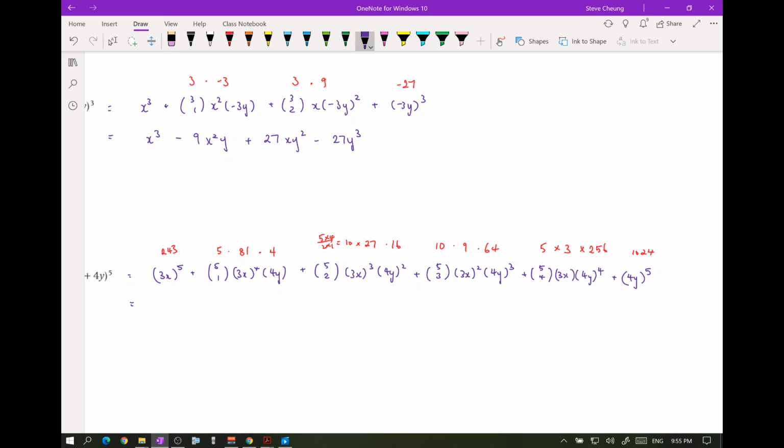So combining the coefficients, we have 243 x to the power of 5 plus 5 times 81. Let's do 5 times 4 is 20. 20 times 81 is 1620. And then let's do 16 times 27, which is 432, 4320.